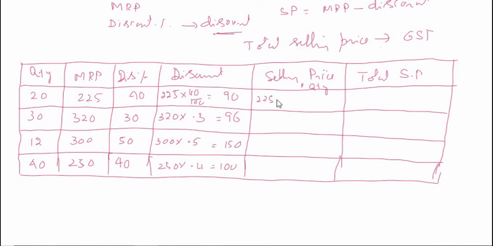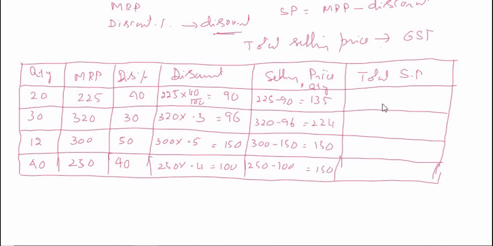So it is 225 minus 90, this is equal to 135, and here 320 minus 96, that is equal to 224, and here 300 minus 150 is equal to rupees 150, and 250 minus 100, this is also 150. These are the selling prices for each item, each one quantity.